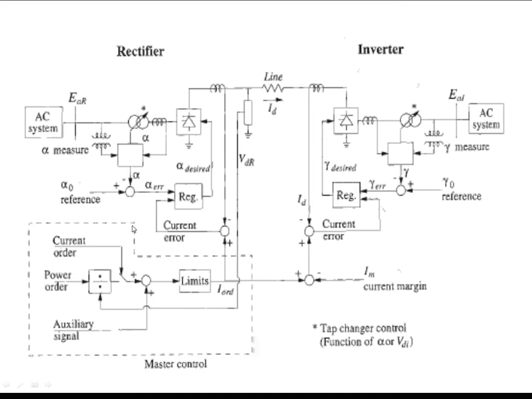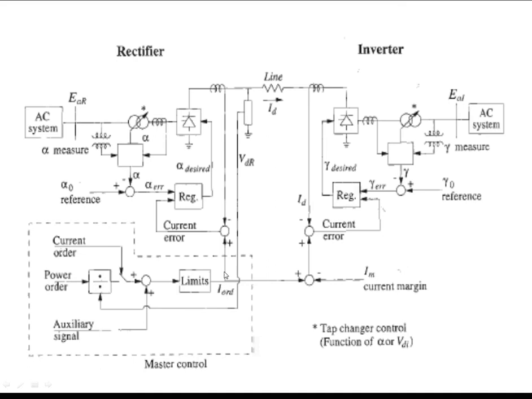The master control provides control like current orders, power order as well as the auxiliary signal control. Suppose the master control provides the current order signal, then this switch is connected with this current order, and then this limiter provides the limit for the current order.